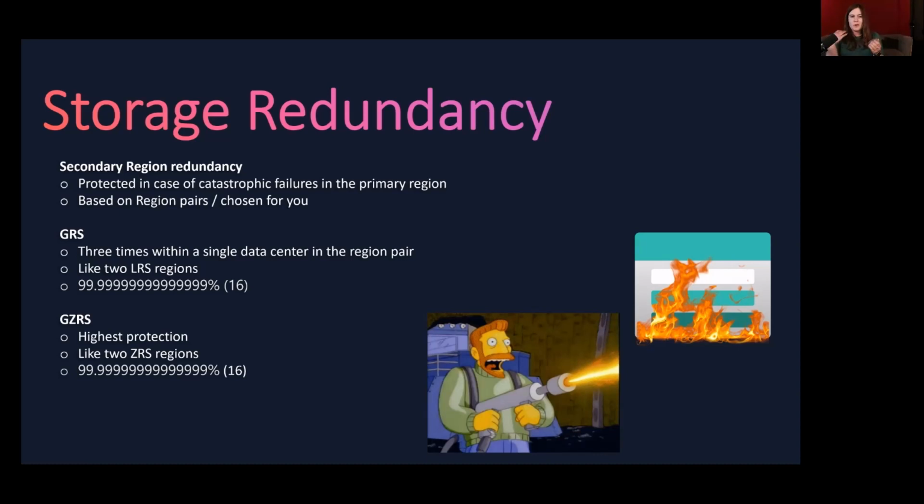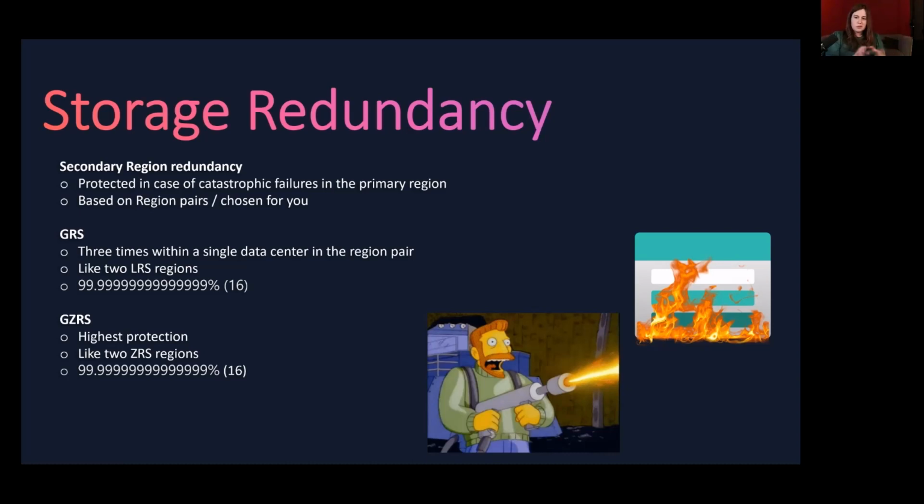When we use geo-redundant storage, we are more protected against disasters happening in the region, because now we store our data not only in that primary region, but in another region as well. So that's very cool, because now we are ensured that if something goes down in that one region, we can fall back on the other region.